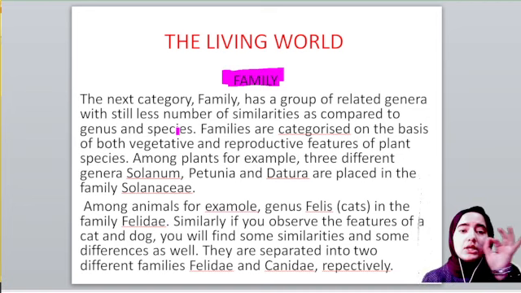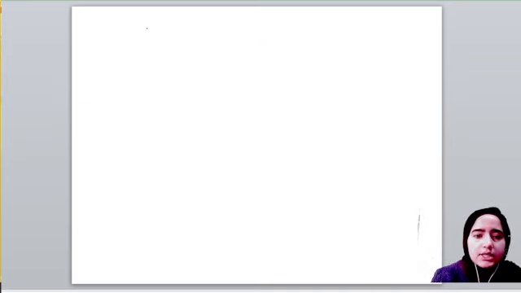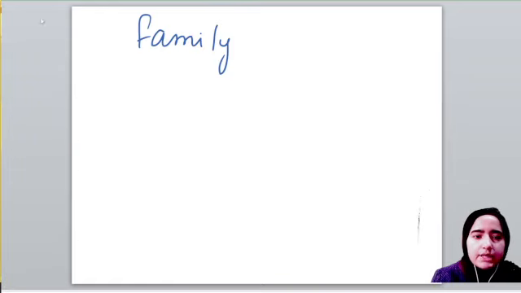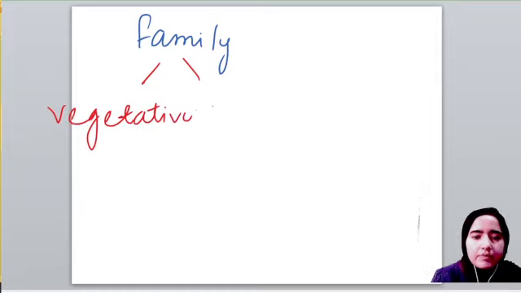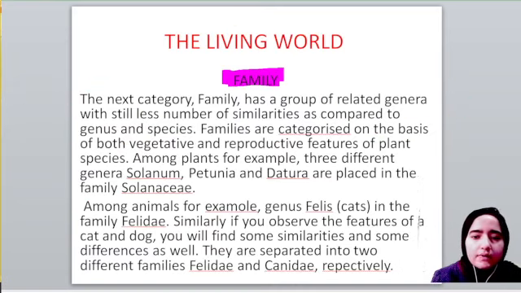Family includes related genera with still fewer similarities as compared to genus and species. Families are characterized on the basis of both vegetative and reproductive features.